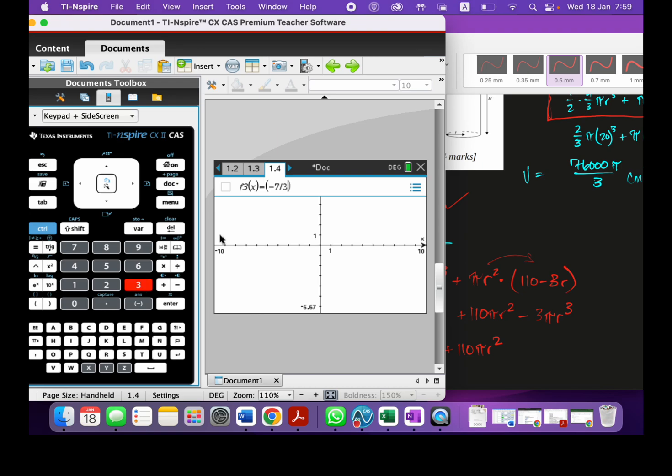Negative 7/3 times pi times x cubed plus 110 pi times x squared.